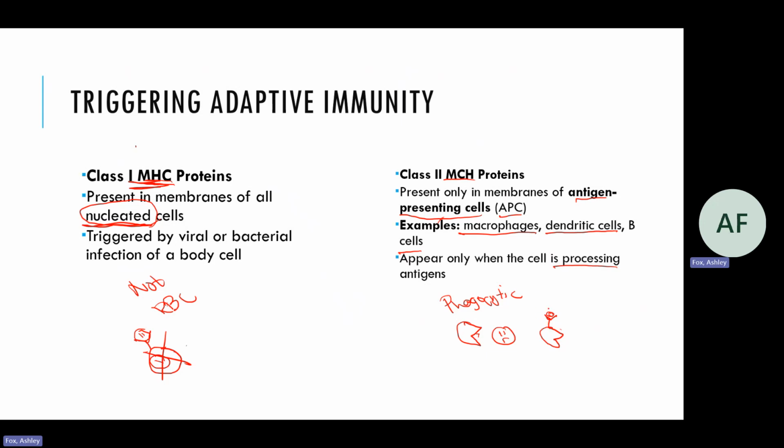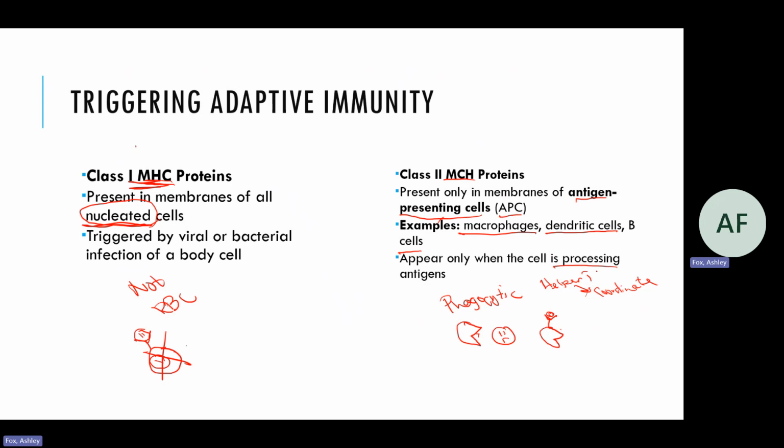Again, we're going to talk about this where helper T cells are really going to recognize this, which is going to be our coordinator. It's kind of like the party planner of the immune system. And we'll talk about those. So another way to communicate.